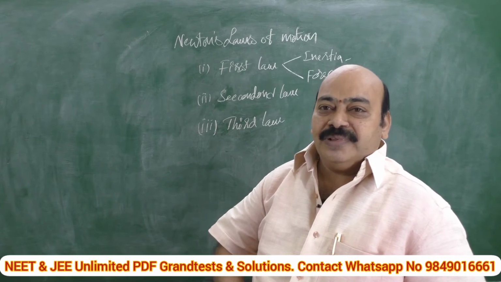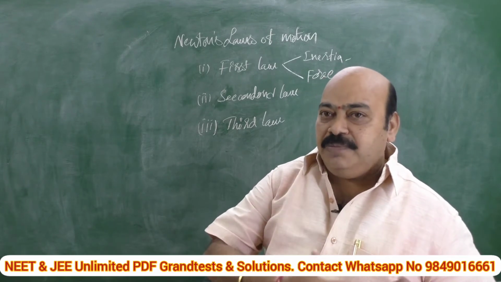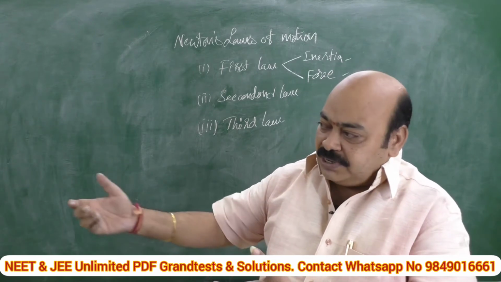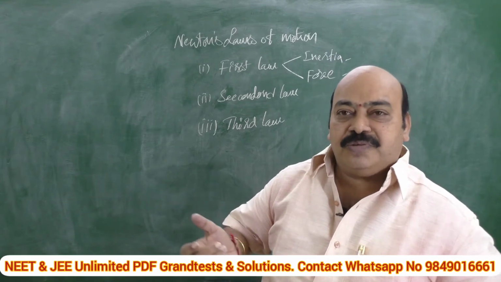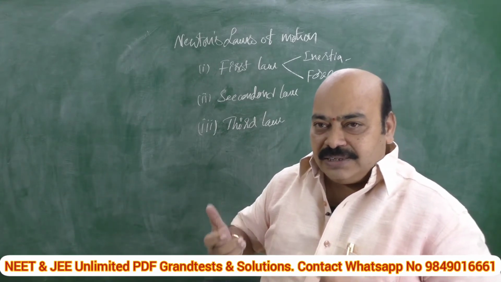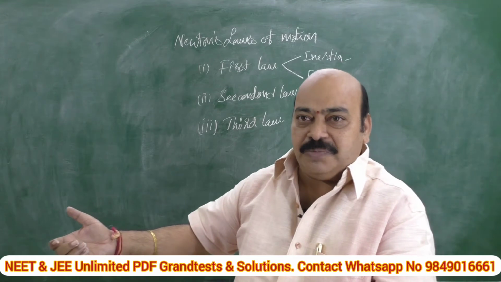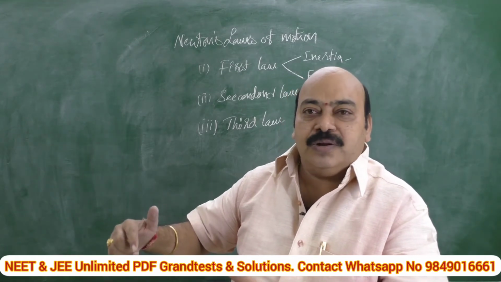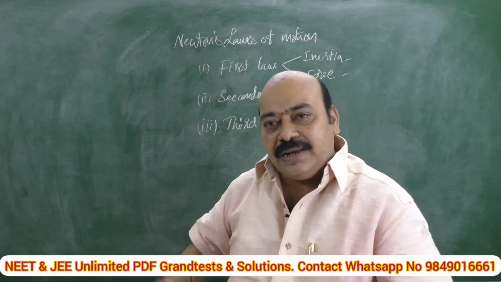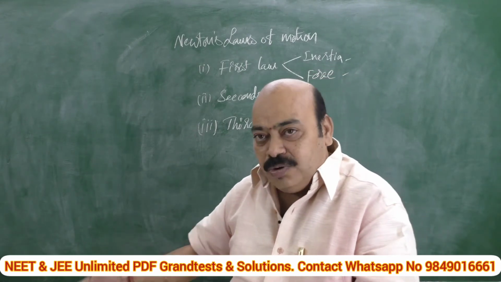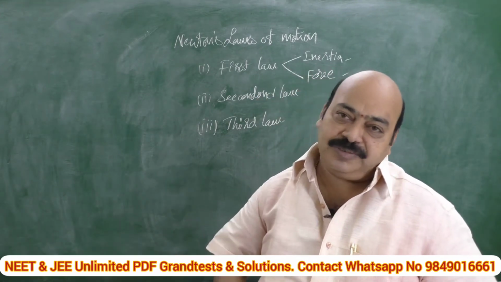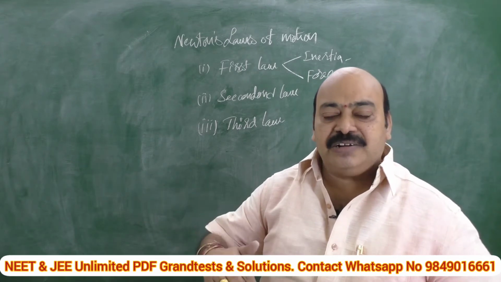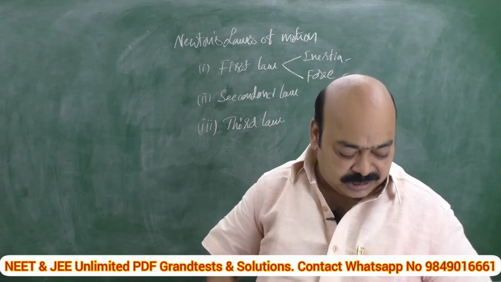Then what happened to team B's force? The first team is pulling the rope with a force of 1000 newton, whereas the second team is protesting them. The first team applied the force on the rope, whereas the second team applied the same force on the ground in order to resist the pull. Action and reaction never act on the same body.